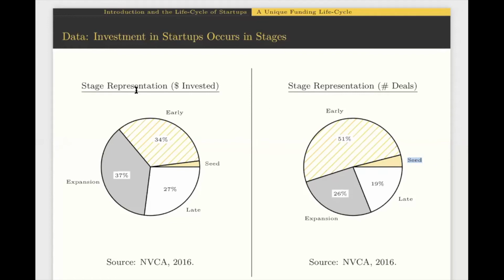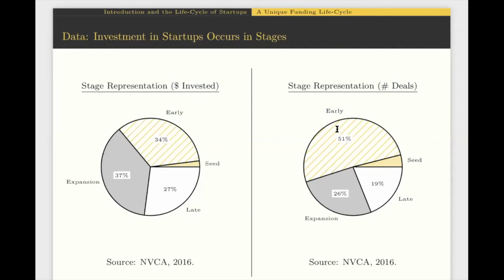I've shown the data both in terms of dollars invested and number of deals. You'll notice, for instance, that early stage is a lower percentage in dollars invested than in the number of deals case, right? 51% versus 34%.